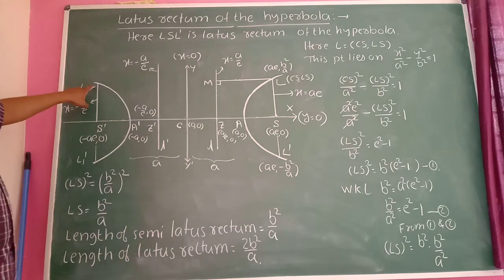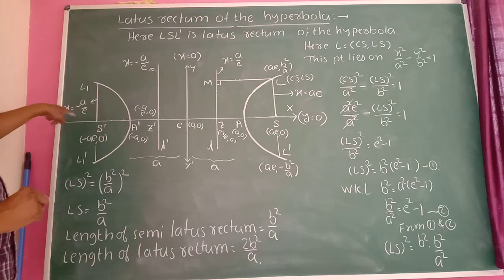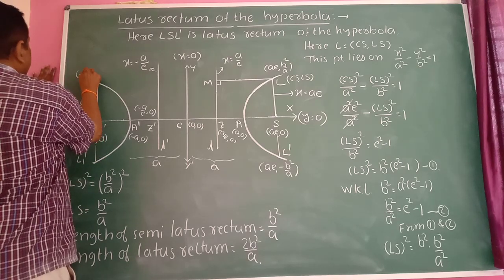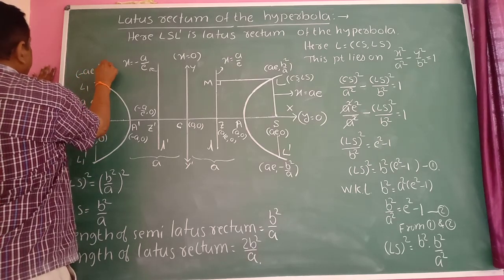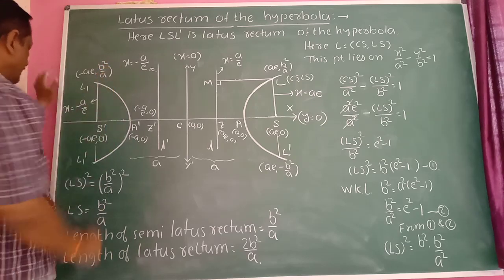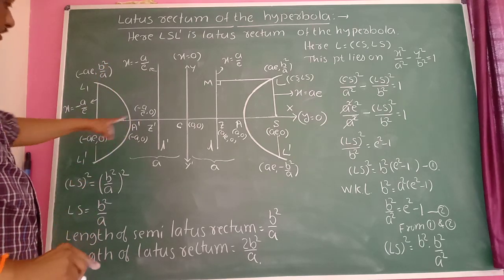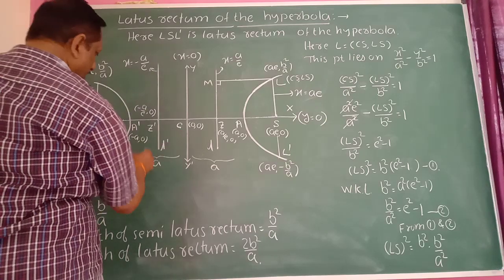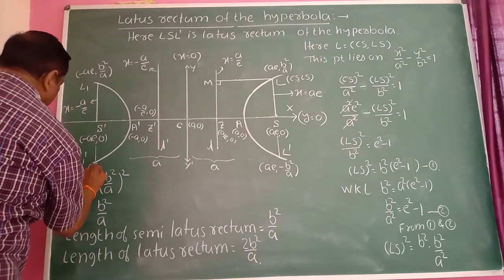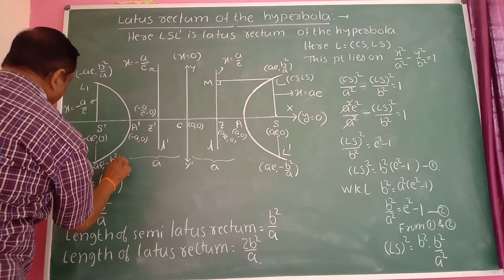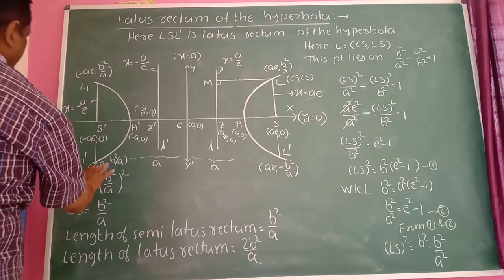Then L1, it is in the second quadrant. x is negative, y positive. Therefore, (minus AE, b² divided by a). Then L1 dash, it is in the third quadrant. Both are negative: (minus AE, minus b² divided by a).